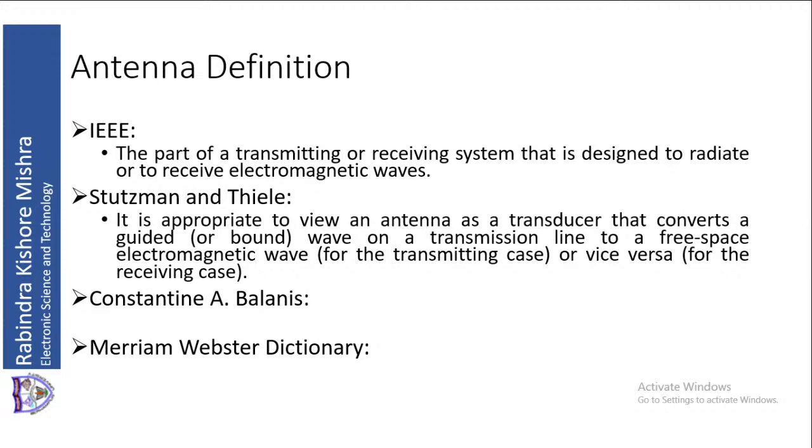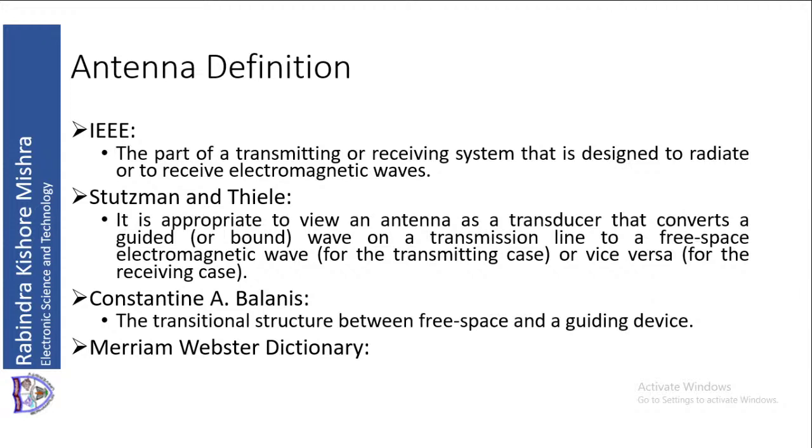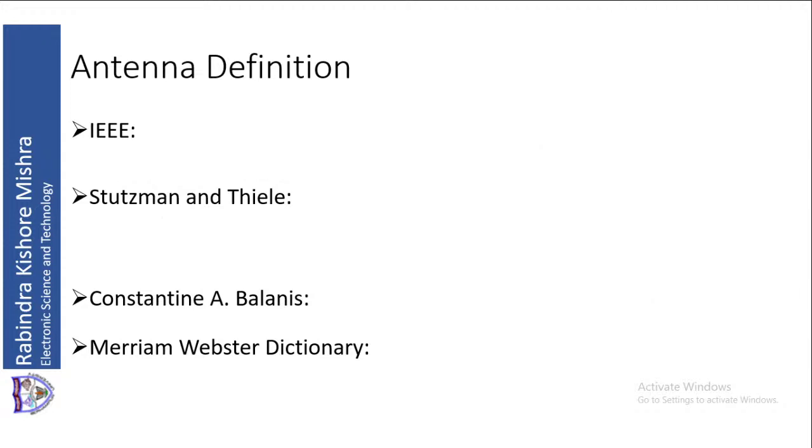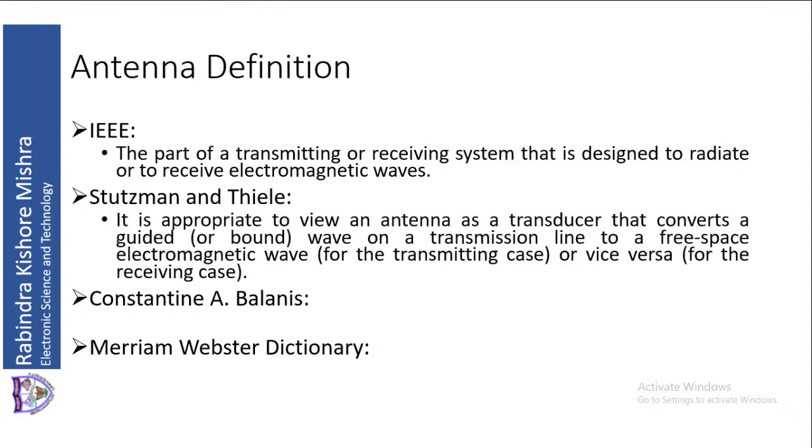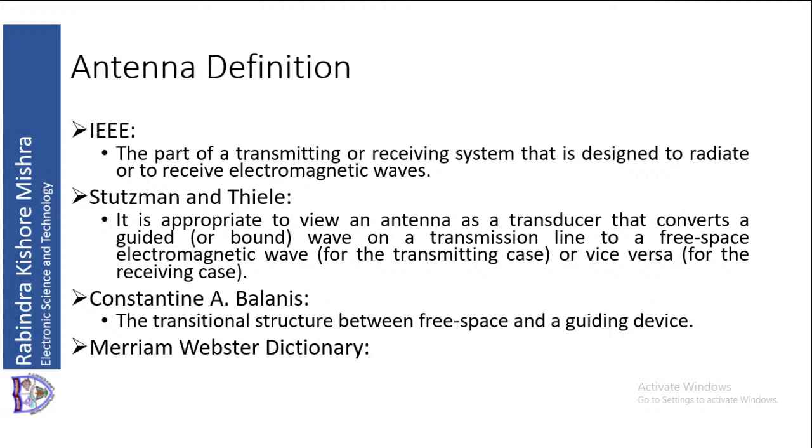This can be put in a very concise form, that is put by C.A. Balanis, Constantine Balanis. In his book, this definition is given as: the transitional structure between free space and a guided device. This is the most concise definition for an antenna.